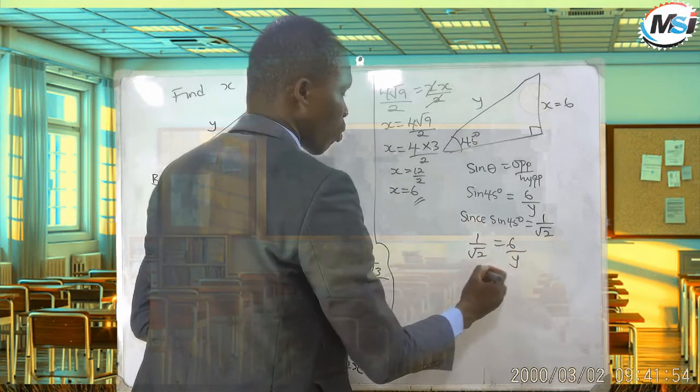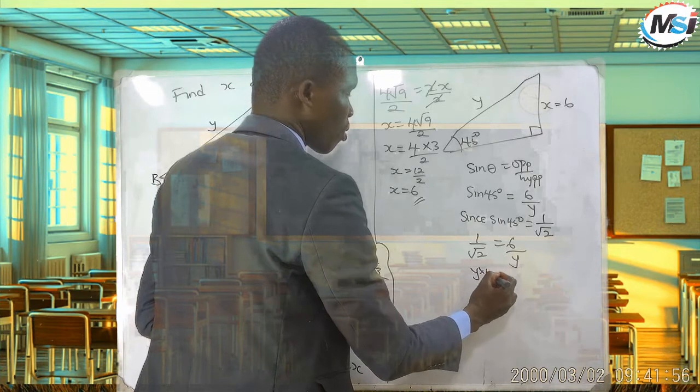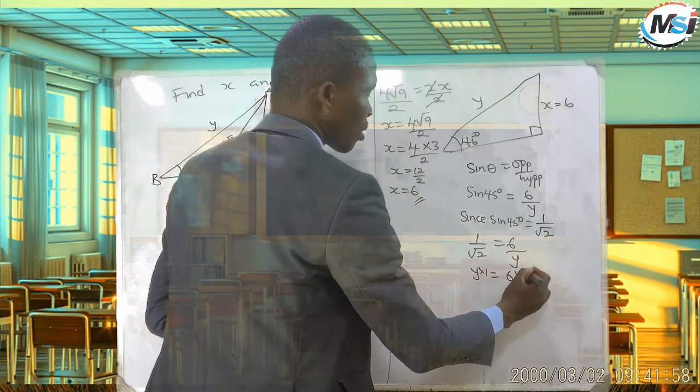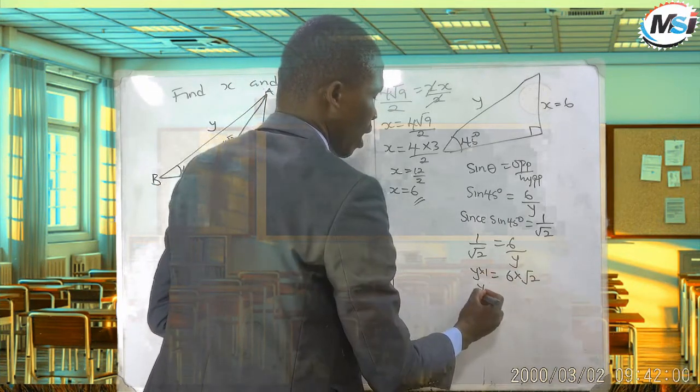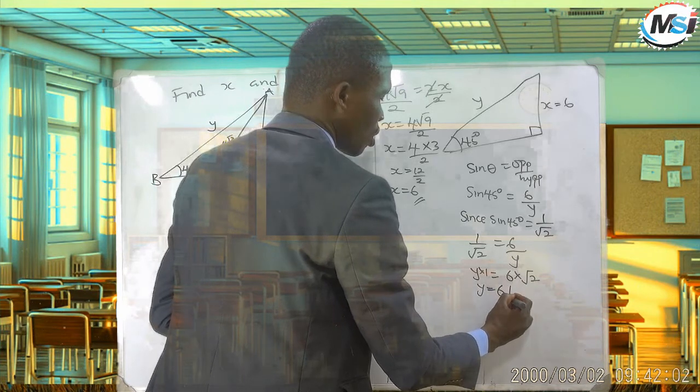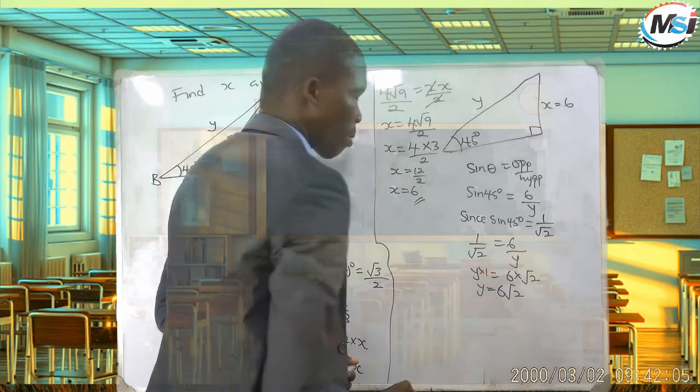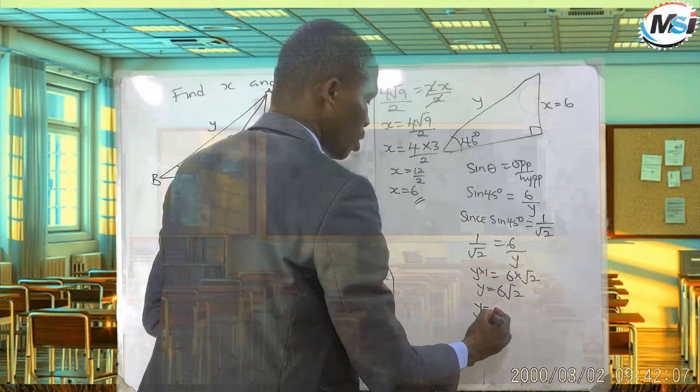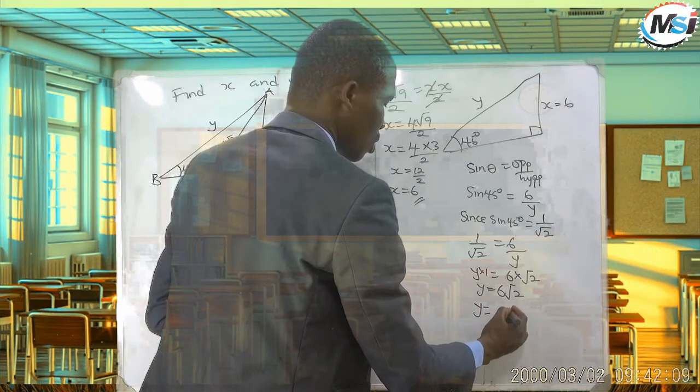Cross multiply: y times 1 equals 6 times root 2.